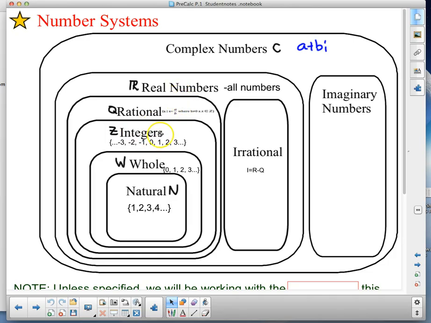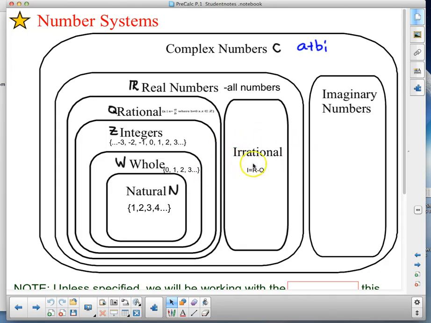Z will represent the integer set, and the integers are all the counting numbers and their negative counterparts. Whole numbers, W, will be 0, 1, 2, 3, and on. But natural numbers, N, won't include 0, it'll be 1, 2, 3, and 4.